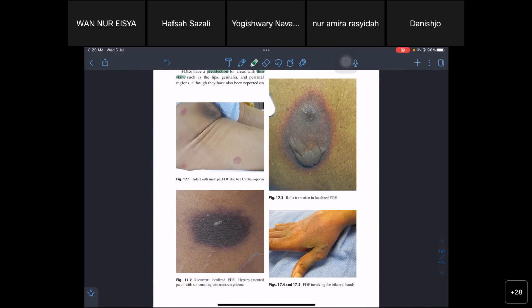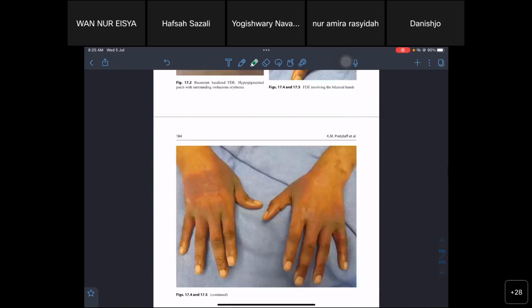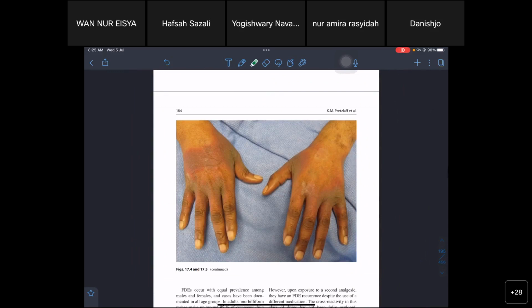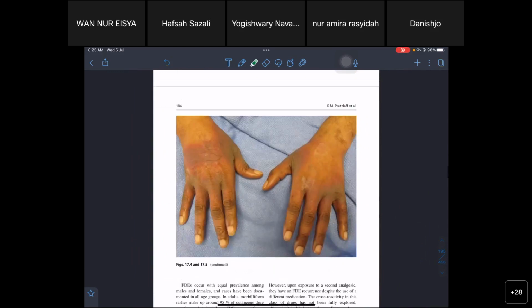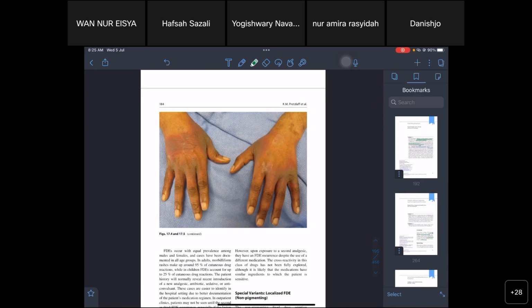From a practical point of view, usually we use that as a justification to try and get an ICU bed. Usually these patients are ideally managed in ICU or burns unit.